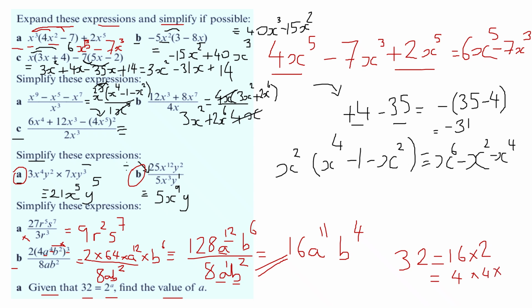We also know that 4 is 2 times 2, and the second 4 is also 2 times 2. Then I've got this final 2 on the end. So 32 is 2 times 2 times 2 times 2 times 2, or I can write it as 2 to the power of 5. So a is equal to 5.